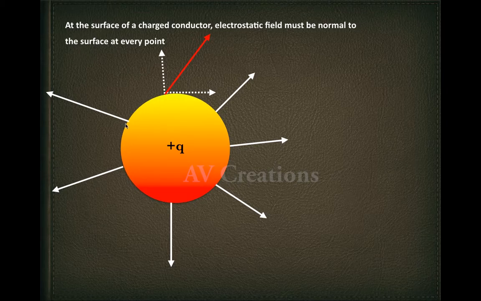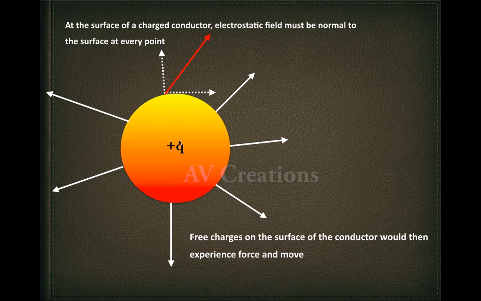There are a number of charges on the surface of the conductor, and because of this component there will be a force, and the free charges on the surface will experience a force and move. This is not possible. So at the surface of a charged conductor, the electrostatic field must be normal to the surface at every point.